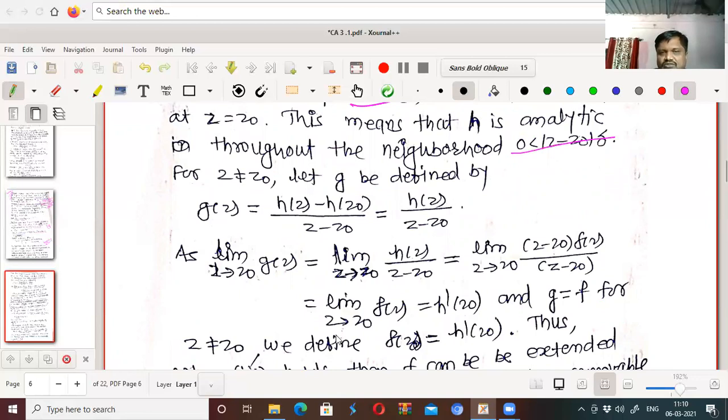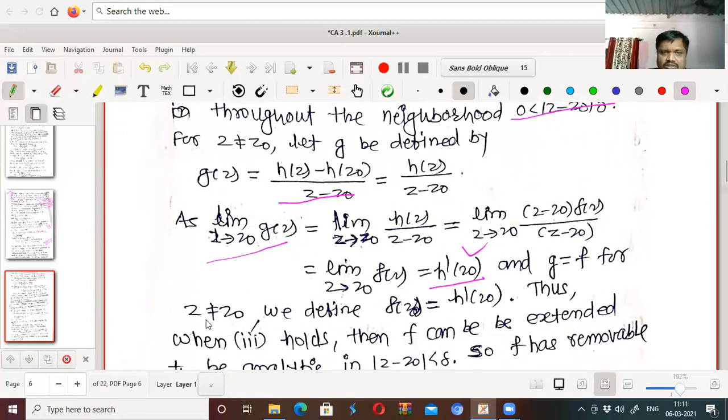So if I take the limit as z tends to z0 of g of z, it is equal to h dash at z0. And g equals f for z not equal to z0.